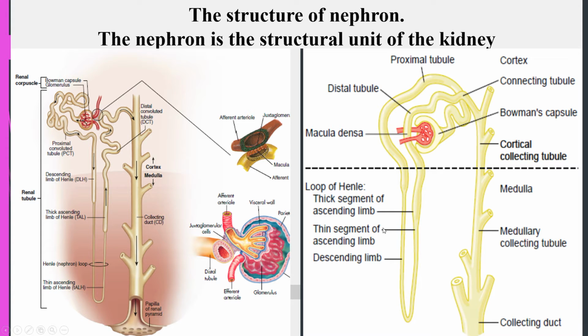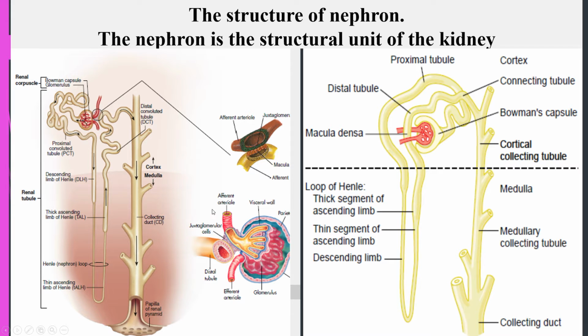The nephron is a structural unit of the kidney. The nephron consists of a proximal tubule and loop of Henle. The loop of Henle has two limbs, the descending limb and the ascending limb. Next, the distal tubule and connecting tubule.